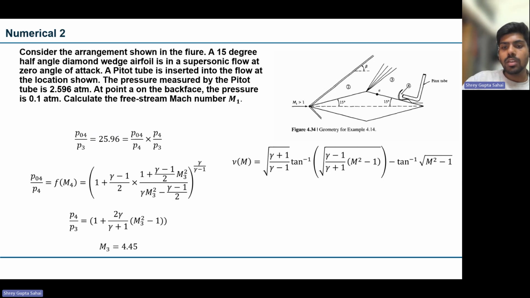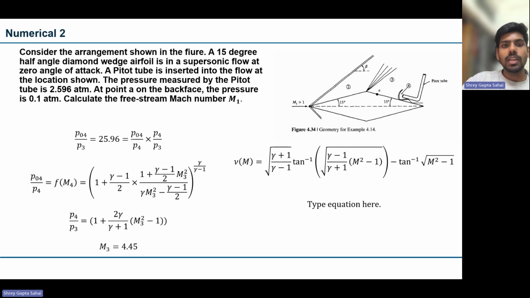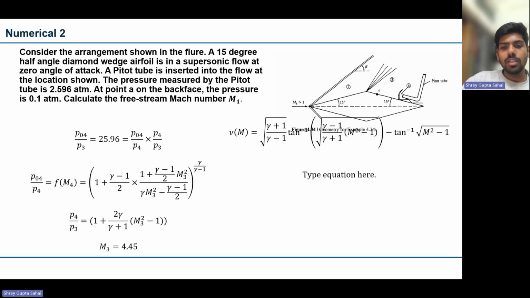There's one more thing to actually resolve the Mach number at 2, and that is the deflection angle. Theta is mu of M2 minus mu of M1.